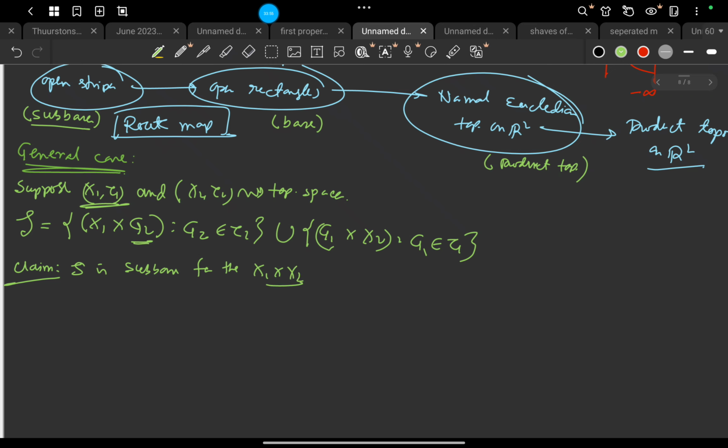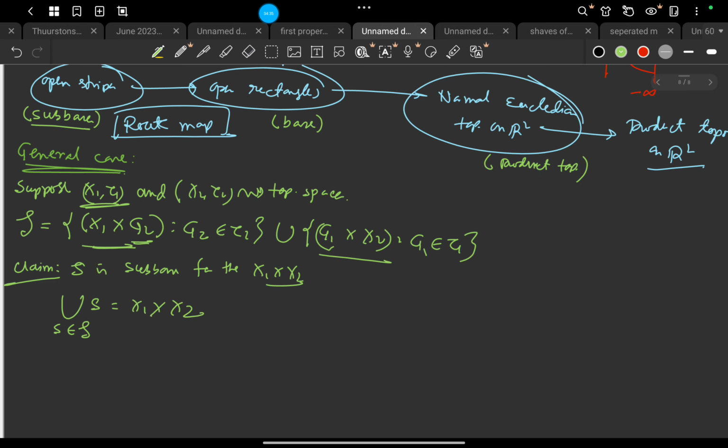So of course, to show that it is a subbasis for this topology, we just need to show that the union of all S, where S itself is all these sets, is X1 cross X2.